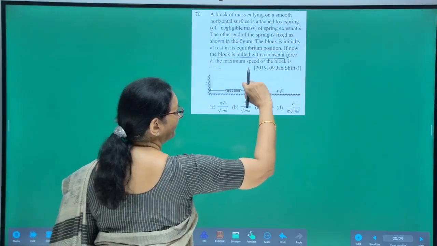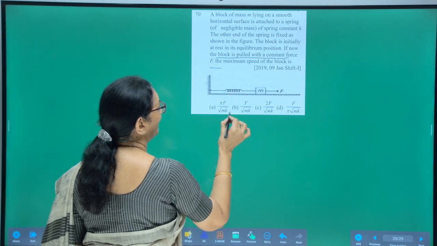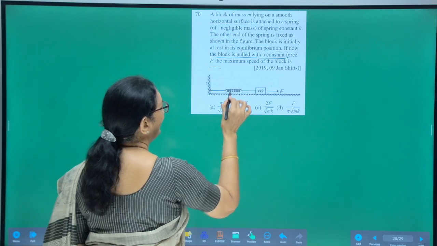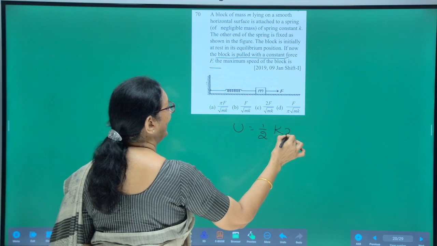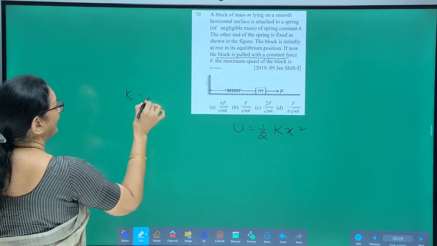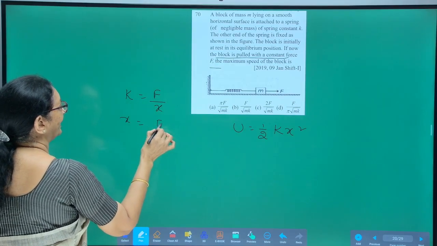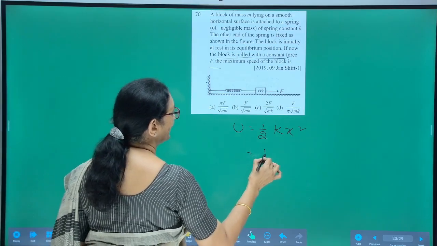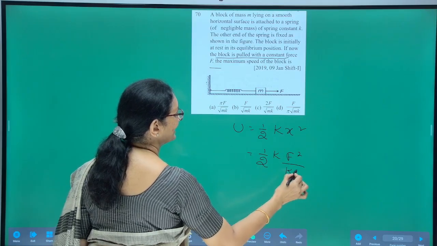If you pull it with a force F, then the maximum possible energy stored in the spring is U equal to half k x square. But we know k is equal to F by x, from which x is equal to F by k. If you substitute that here, half k F square by k square.